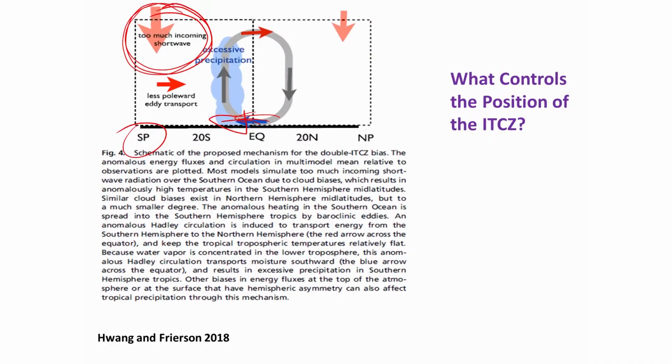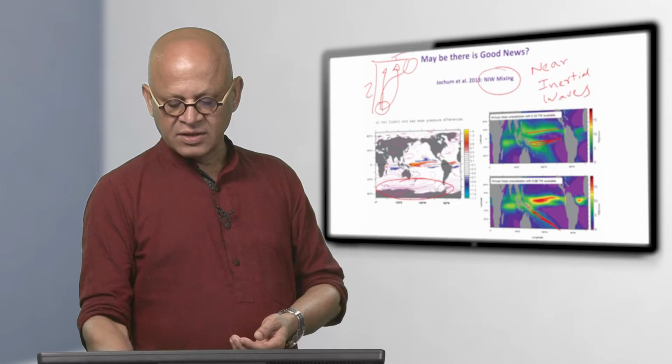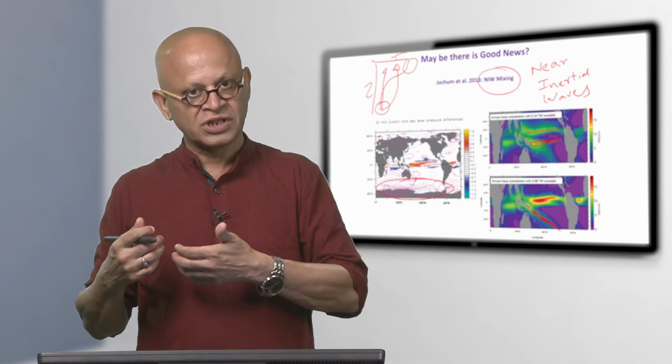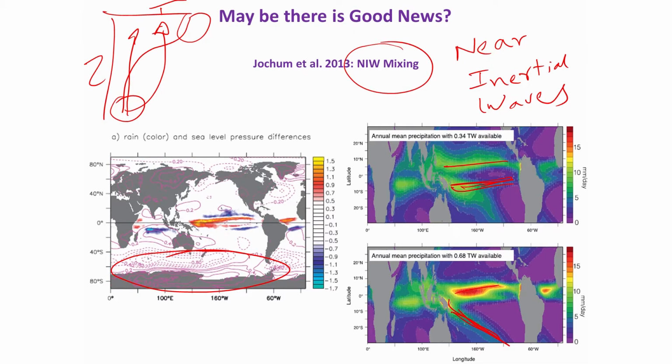So, the earlier hypothesis was saying that maybe something is wrong in the southern hemisphere, hence the ITCZ is wrong. This one is saying that ocean mixing was wrong, which improved the transport by the ocean. That improves the southern hemisphere, and that improves the intertropical convergence zone, or the ITCZ.